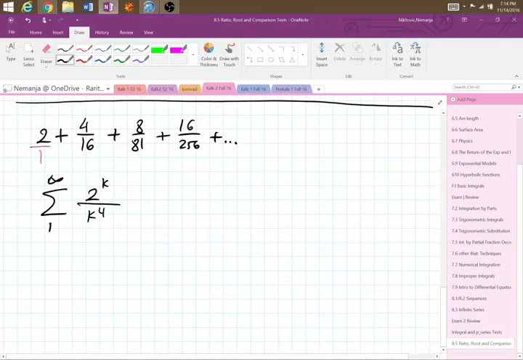So now, we know that a_k is 2 to the k over k to the 4th. a_(k+1) is 2 to the k plus 1 divided by k plus 1 to the 4th.